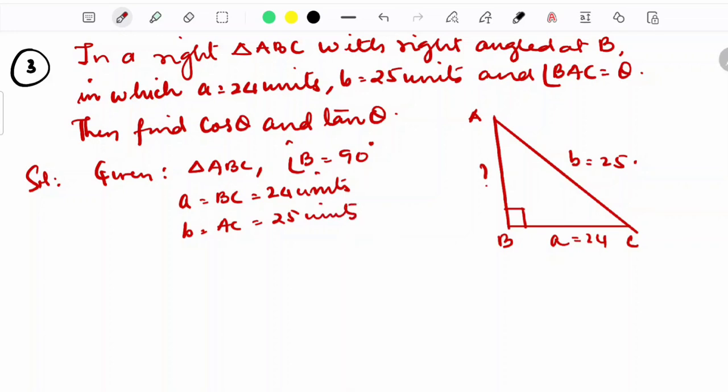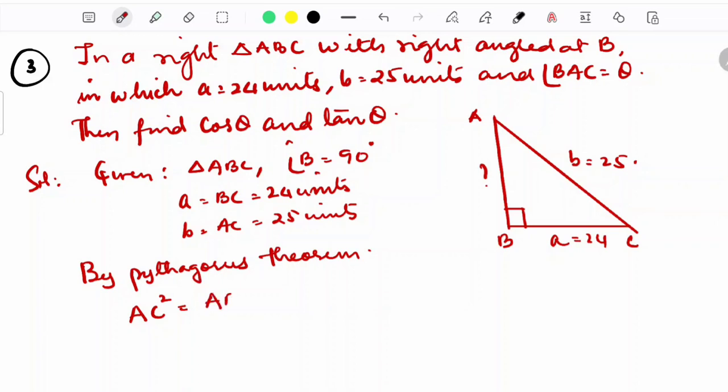Since it is a right angle triangle, we can find the length of AB using Pythagoras theorem. So by Pythagoras theorem, I can say hypotenuse square, that is AC square, will be equal to AB square plus BC square.